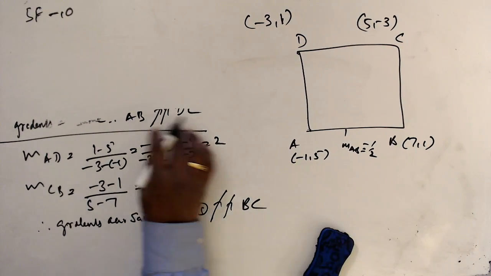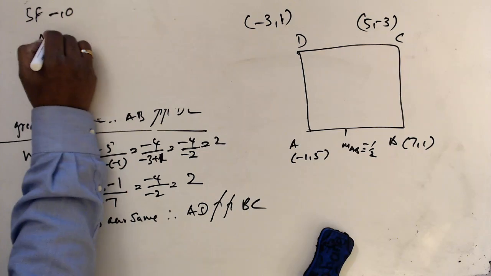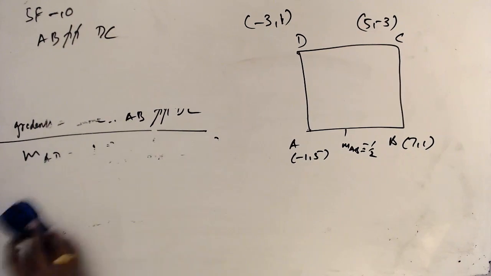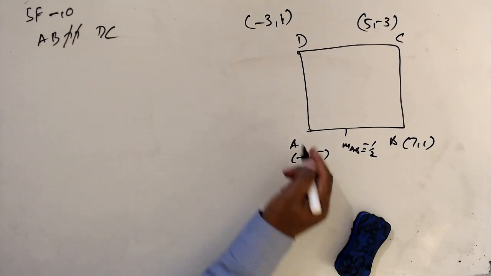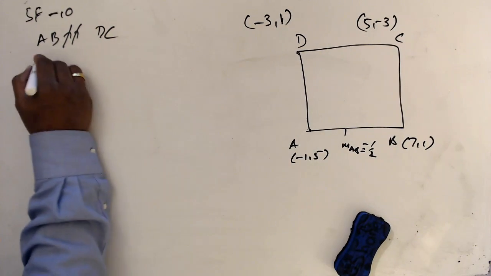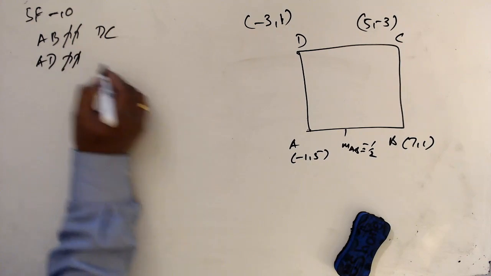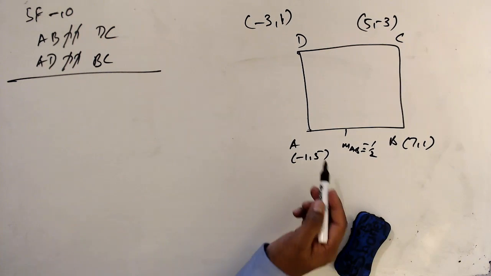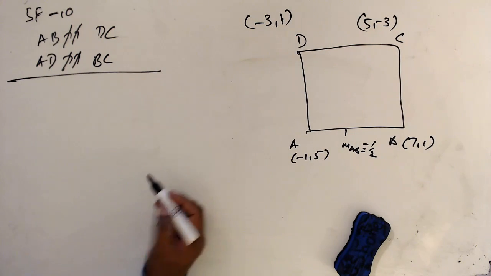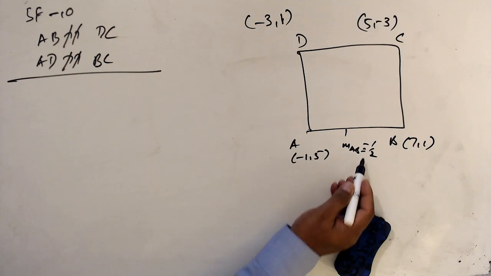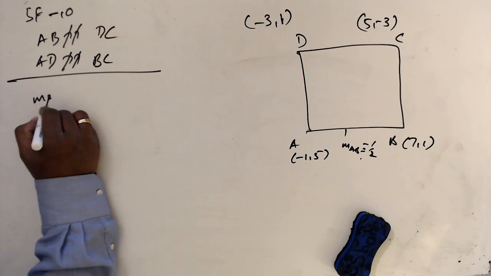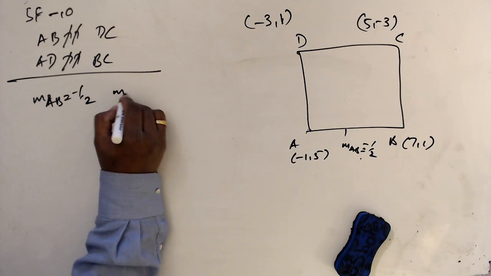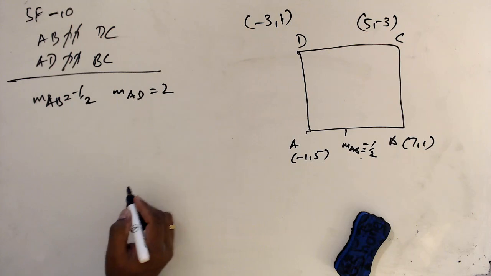Now AB is parallel to DC and AD is parallel to BC. Now I want to show that AB and AD are perpendicular. mAB is minus half. mAD we found out is 2.